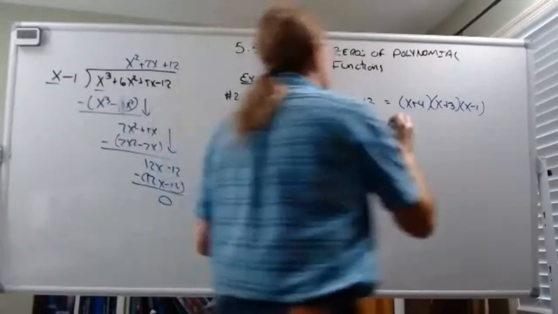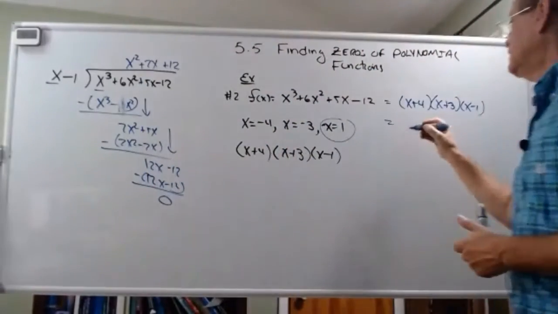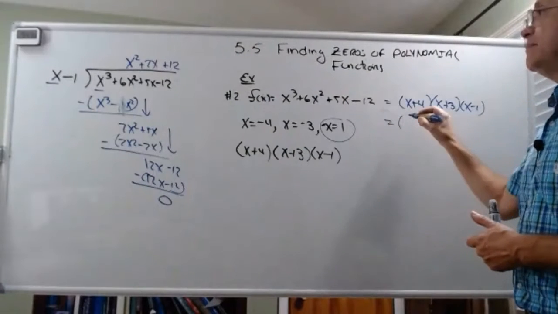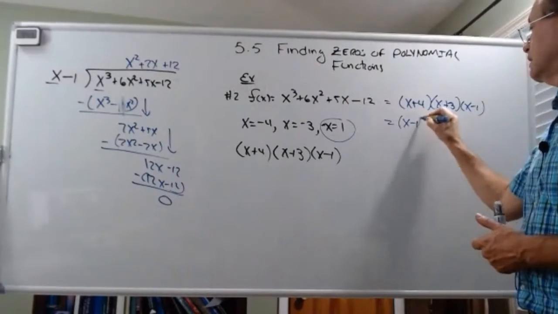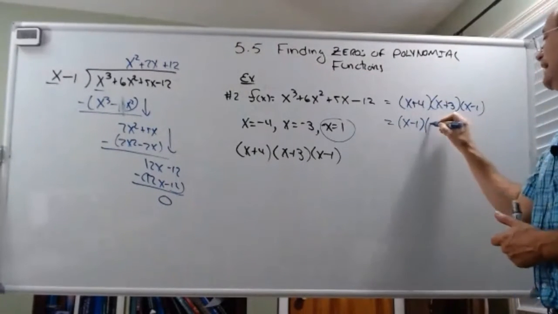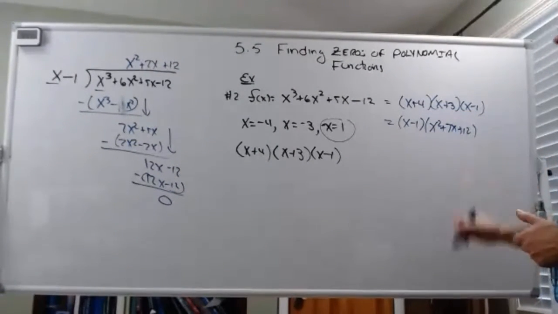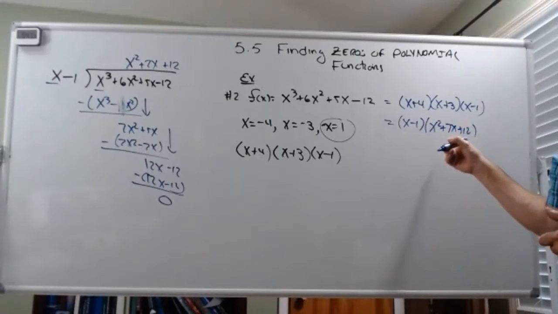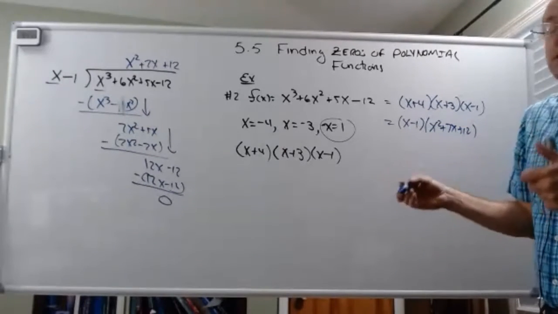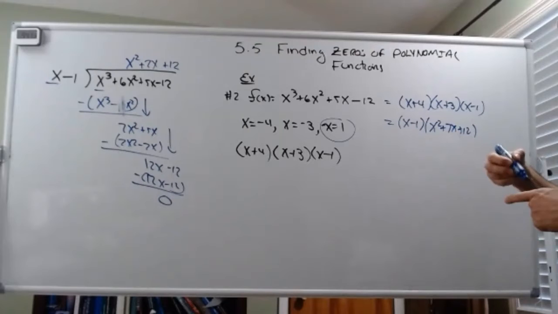So this also factors into x minus 1, and what remains is x squared plus 7x plus 12. Once we get it down to a trinomial, we know how to factor that. So I could continue.